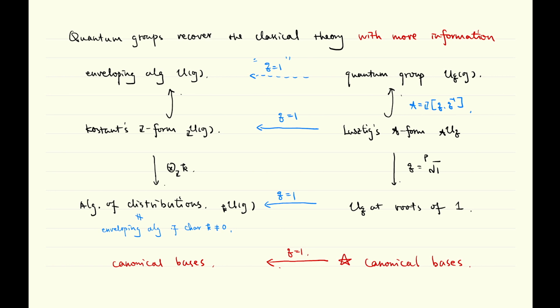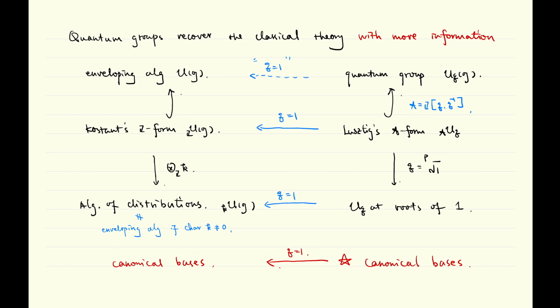And this also appeared earlier in the discussion, in the question about roots of unity. Once you have the integral form, you can also specialize Q to roots of unity. You're getting U_Q at roots of unity. And here you can again further specialize Q to be 1. Or you need to do a little bit more: you can take Q to be 1 and also go to characteristic p. And then what you're getting here is the algebra of distributions.